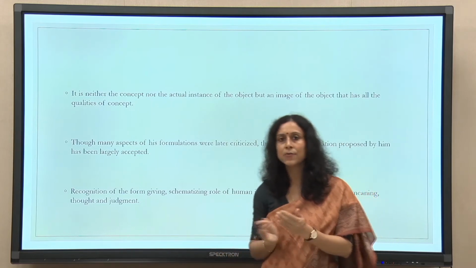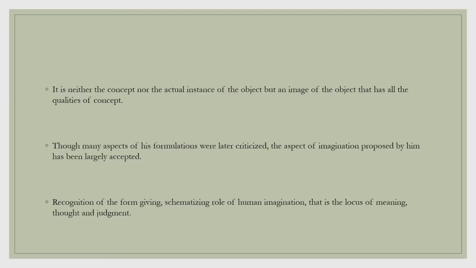So, this is where the idea comes in. You abstract certain fundamental ideas of that. Of course, he fleshes this out in great detail in his work. However, many of his ideas were later criticized.